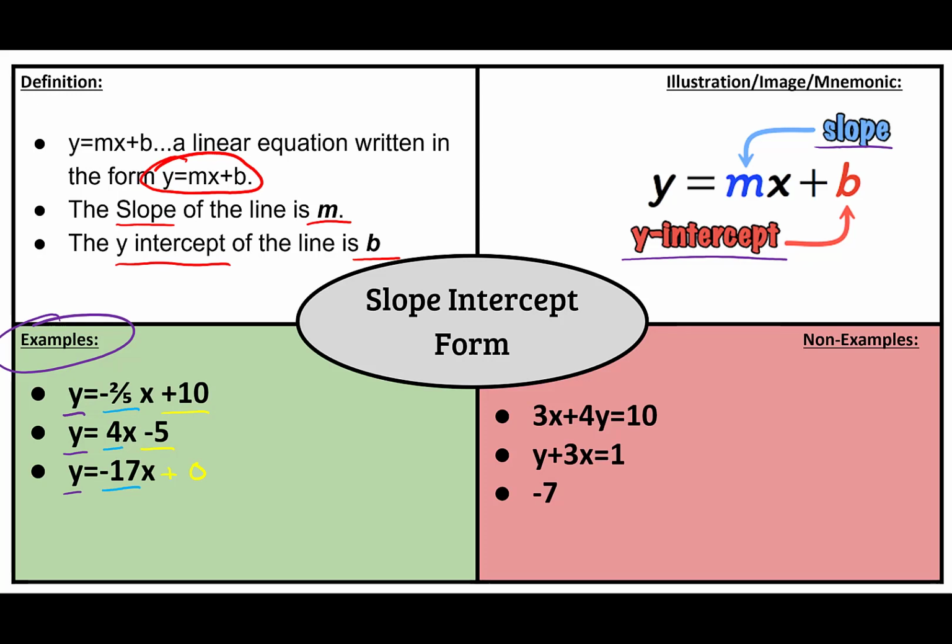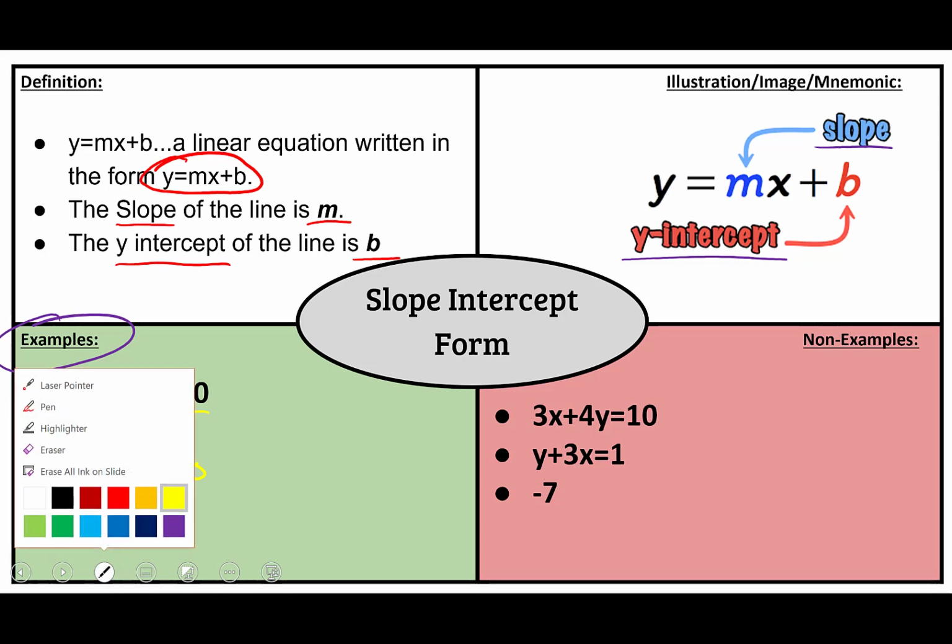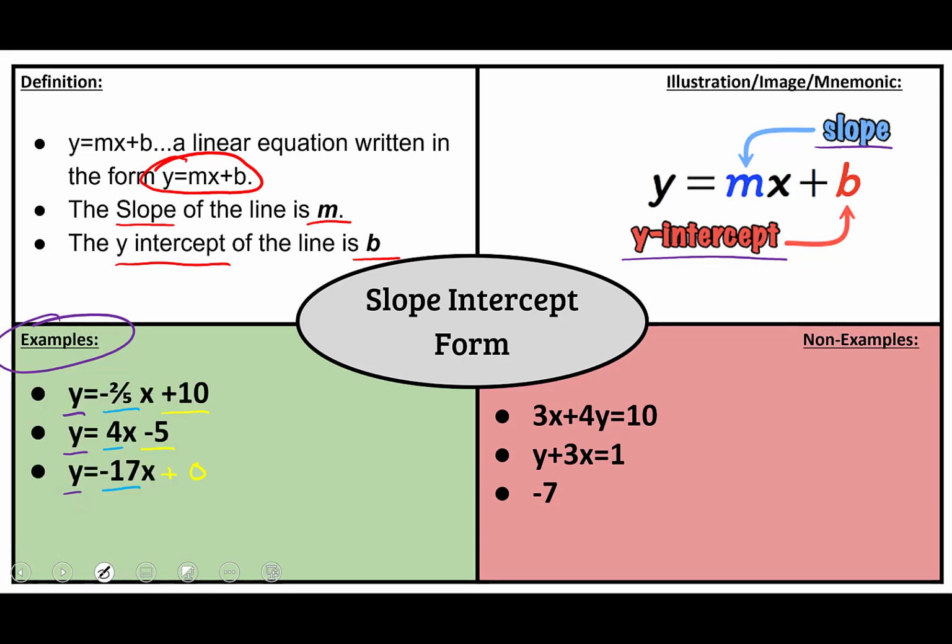The main points to key in on, I would say, are, of course, if we look back up to our illustration and mnemonics section, that we have a y that is by itself, we have a slope m, and we have a y-intercept b.